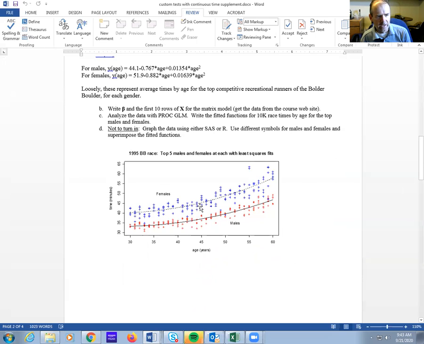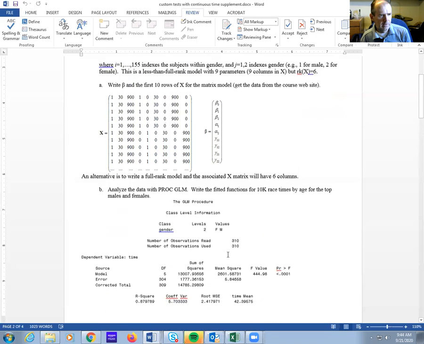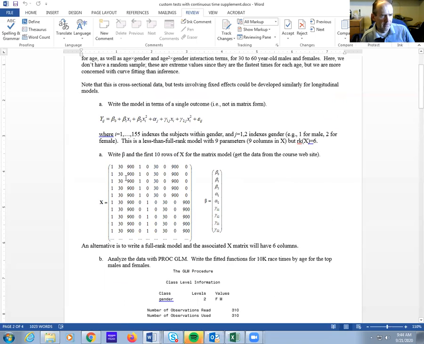I fit a quadratic, and I allowed an interaction term so that men and women could have different fits. They're pretty tight fits when you're looking at the top runners. And the model that we have for that I've expressed here.